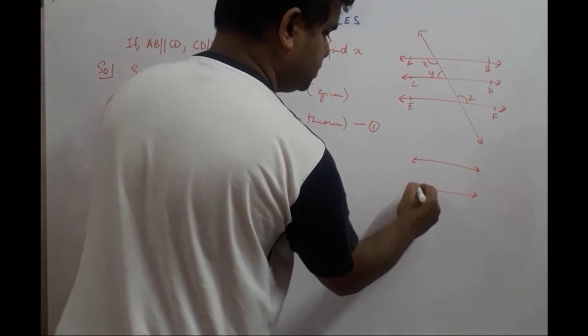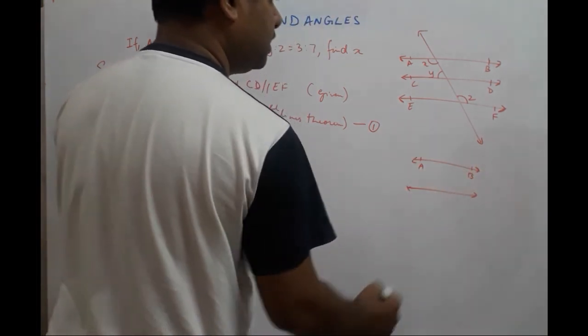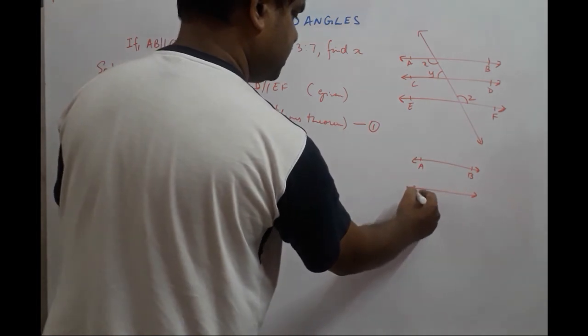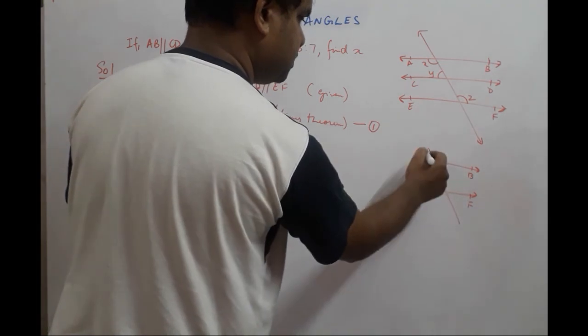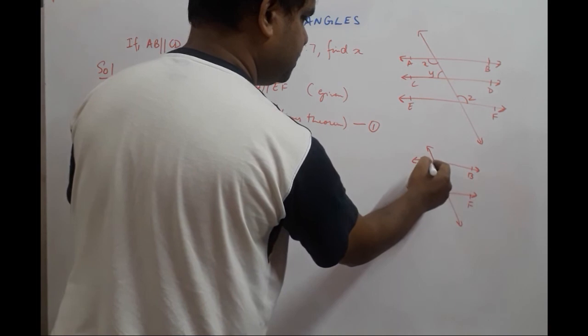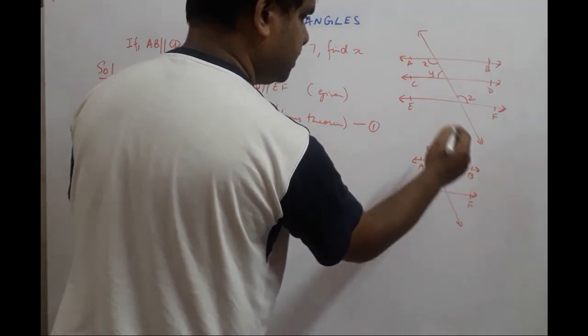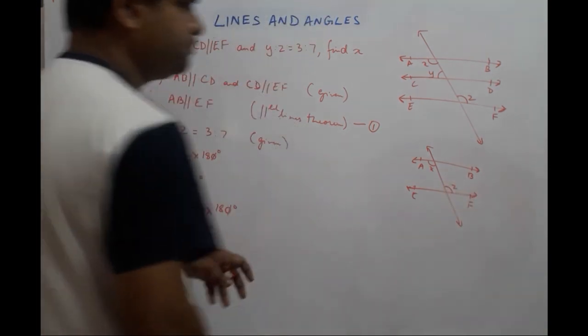Okay, and I'm just drawing A, B over here. I'm drawing E and F. Since we have already proven them parallel, we don't have to do anything. And this is your transversal. And over here comes your x, and over here comes your z.